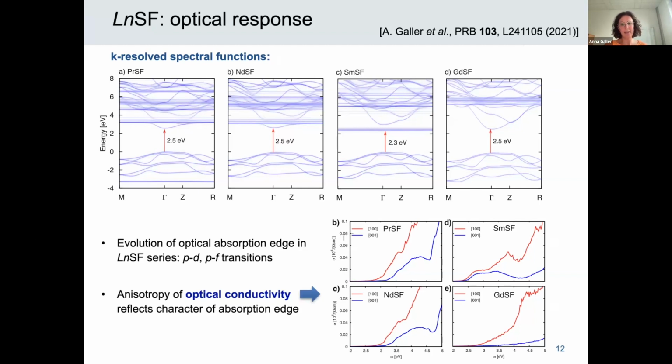So apparently, we can see this character of the optical transitions also from the polarization resolved optical conductivity. This applies also for praseodymium fluorosulfide and neodymium fluorosulfide, where it's kind of a mixture of pd and pf, since the unoccupied f bands are so close to the bottom of this dispersive d band.